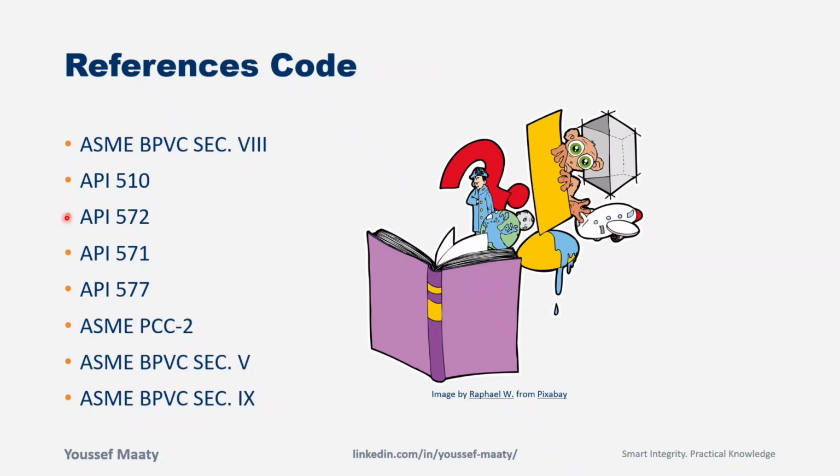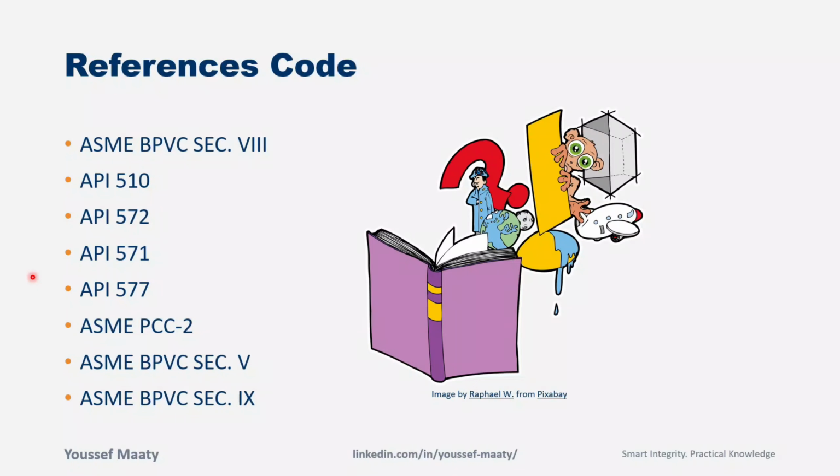API 571 covers damage mechanisms. It is essential for understanding corrosion, degradation, and deterioration mechanisms. API 577 focuses on welding. It provides guidance on welding, hot tapping, and welding metallurgy. It is increasingly important for API 510 examinations and field inspectors.